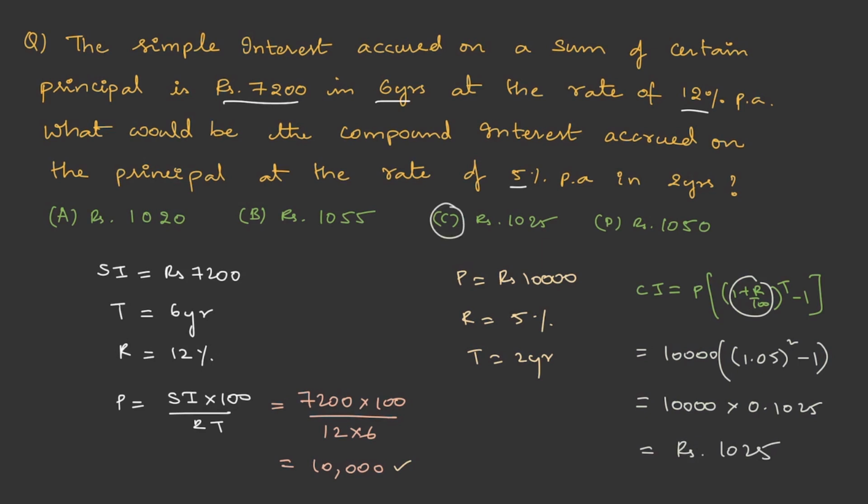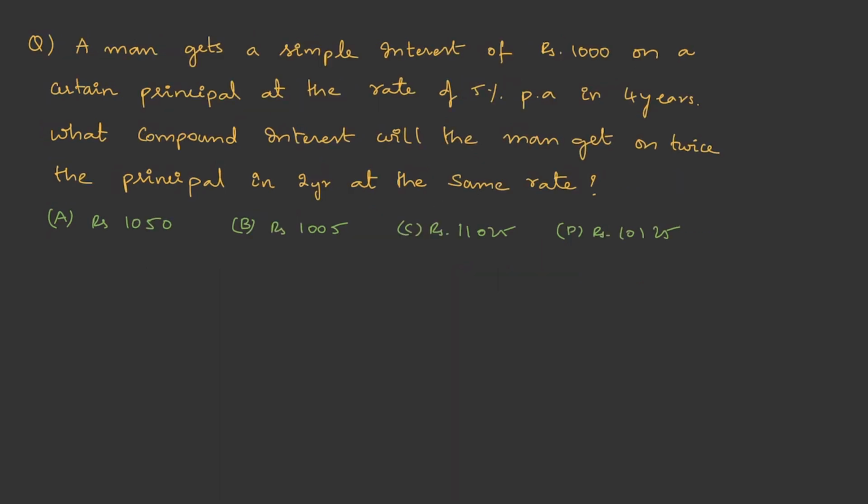Okay, let's do one more question for practice. A man gets a simple interest of rupees 1000 on a certain principal at the rate of 5% per annum in 4 years. What compound interest will the man get on twice the principal in 2 years at the same rate? A very similar question. So let's try.